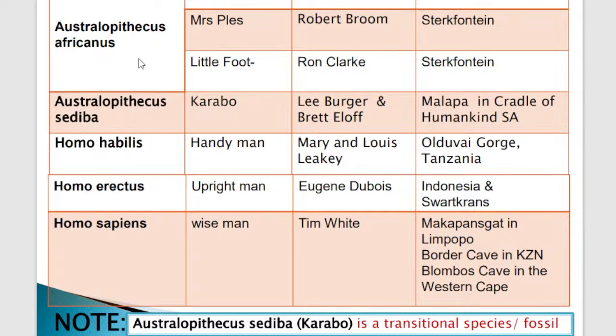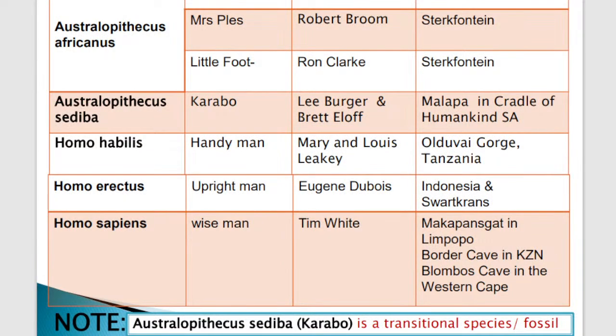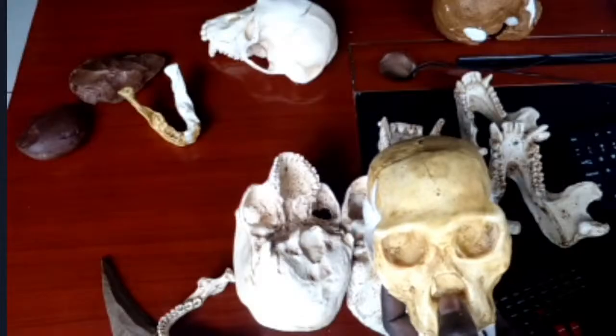It links the Australopithecus species to Homo habilis. Let me show you how Sediba looks.